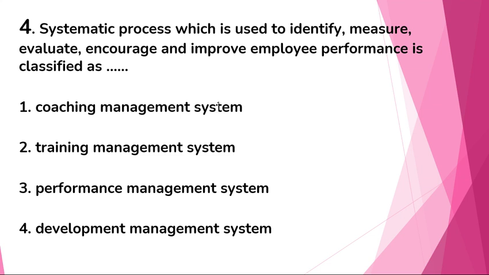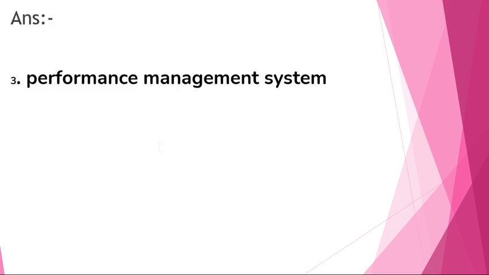A systematic process which is used to identify, measure, evaluate, encourage and improve employees' performance is classified as performance management system. That means they are identifying, measuring, evaluating, encouraging, and improvement is also there. So performance management system is the correct answer.